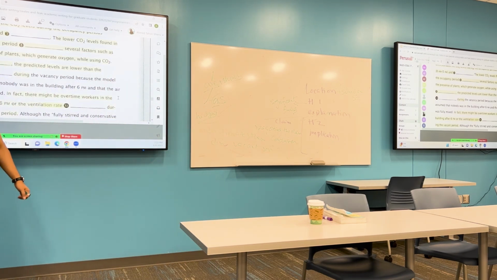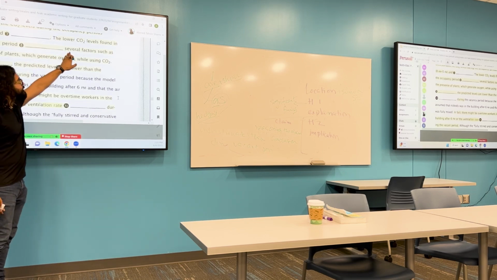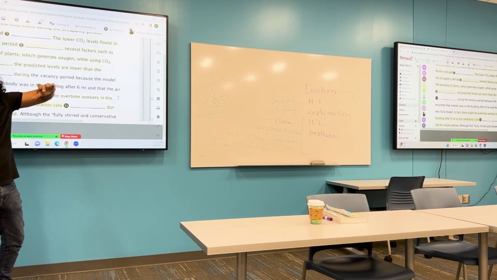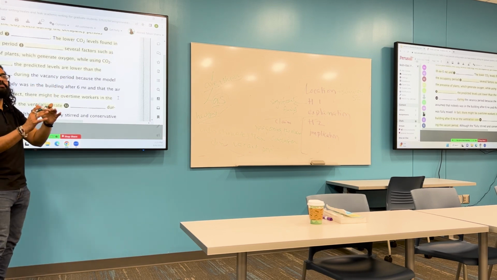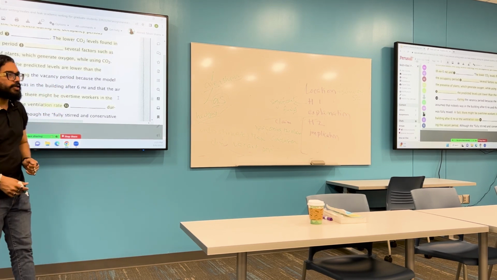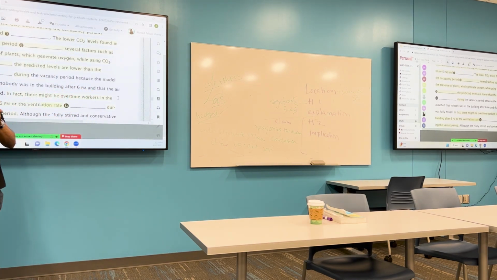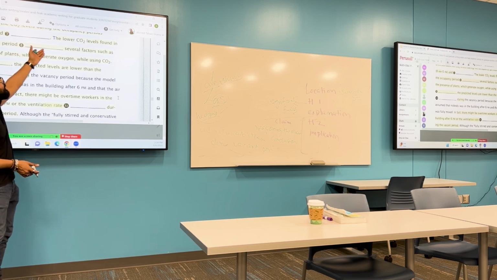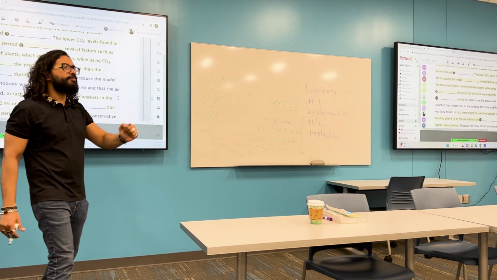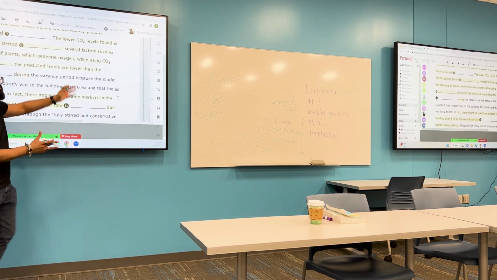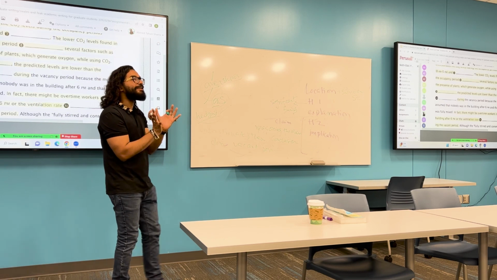Why? That's a discussion, because it's talking about several factors. So there could be alternatives. It's not definite boosting. If you use an auxiliary, like the modal auxiliaries, may be due to, may be as a result of, or even if you want to use cause, it will lessen the claim and give a softer claim.